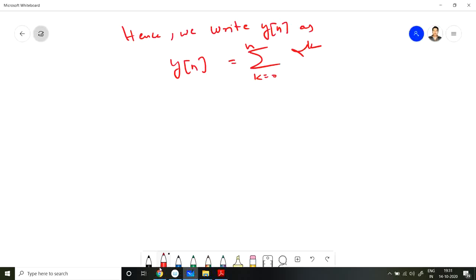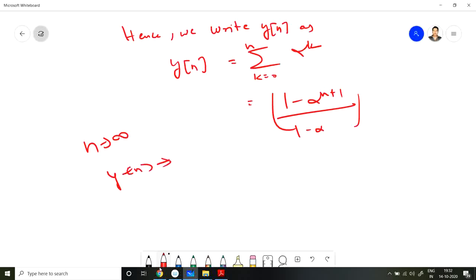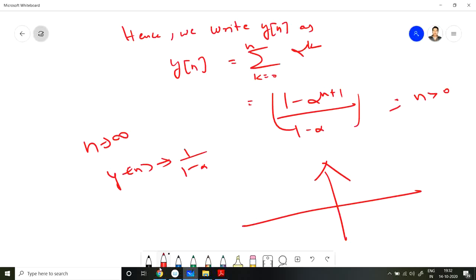If we solve this, we get 1 minus alpha raised to the power n plus 1 divided by 1 minus alpha. Again, if n tends to infinity, then y[n] tends to 1 divided by 1 minus alpha. So the graph is the same. This is for n greater than 0. The graph looks like this.